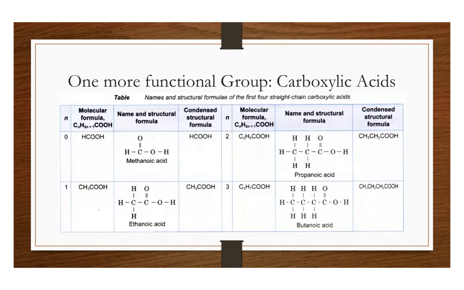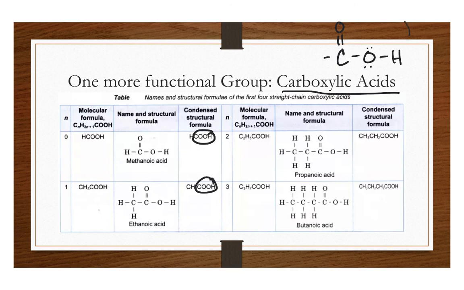The last one I want you to notice is carboxylic acids. We're going to recognize carboxylic acids because they're always going to have this COOH in it. When we see that, we should recognize immediately that that's a carbon double bonded to an oxygen, single bonded to an oxygen, single bonded to a hydrogen.